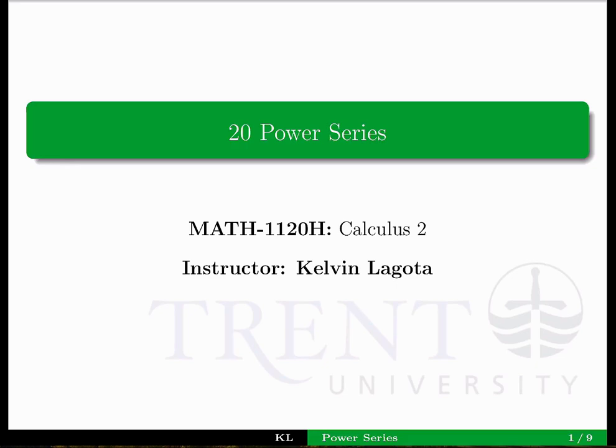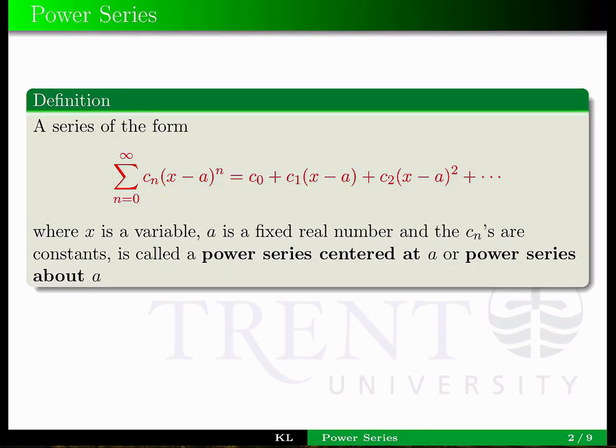So let's get started. Here we define a series of the form sum from n equals 0 to infinity of c_n (x minus a)^n.